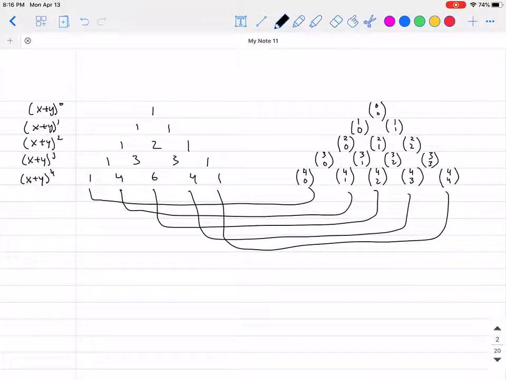Now, this is obviously not that easy to see. But it's nice, because now we can figure out a way to solve for what we want.